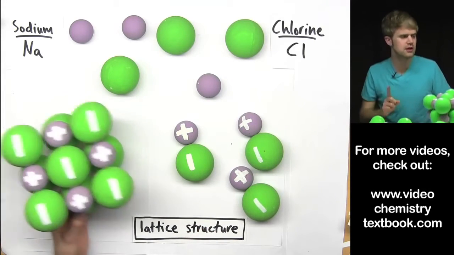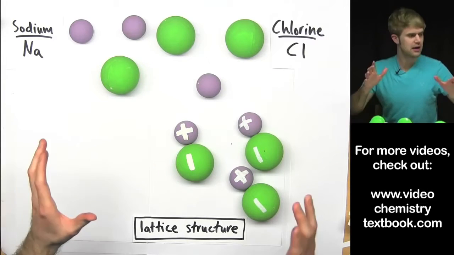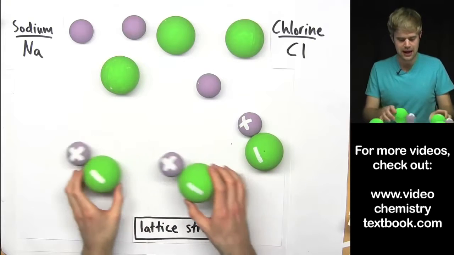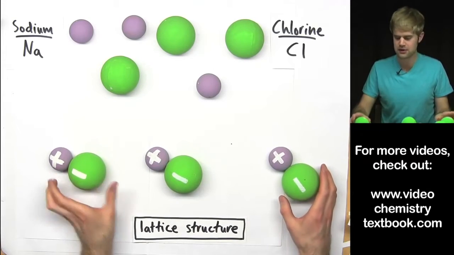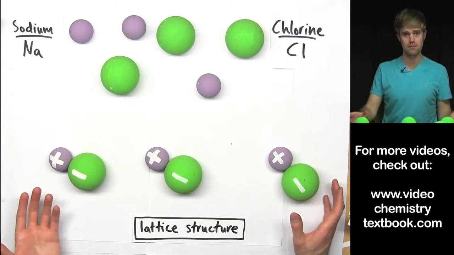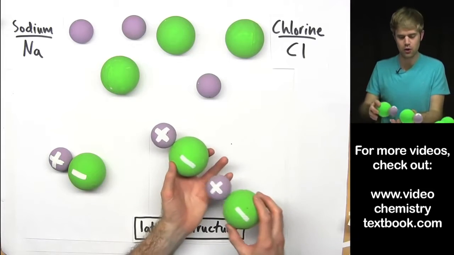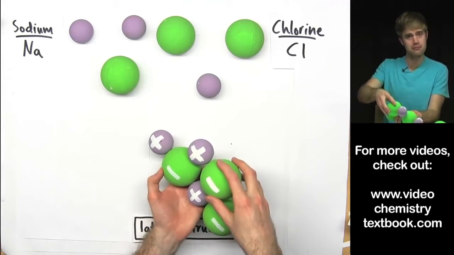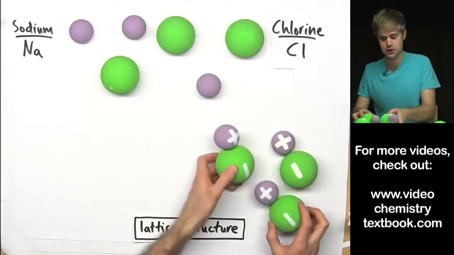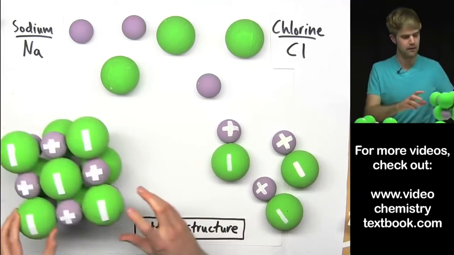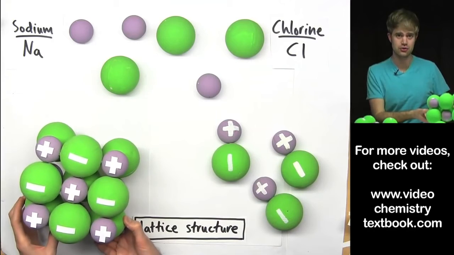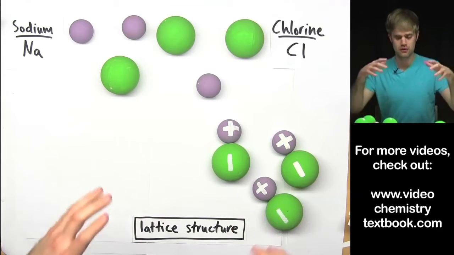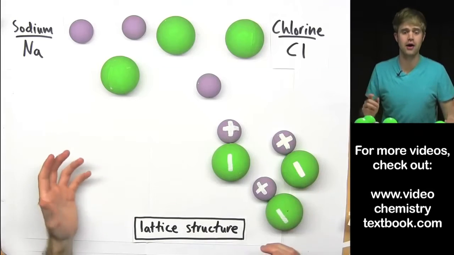So the important thing to keep in mind is that ionic bonding, when you're talking about more than just 2 atoms, doesn't only make these small groups of two, but these groups are going to be attracted to each other, and they are going to make much bigger structures that become these lattice structures.